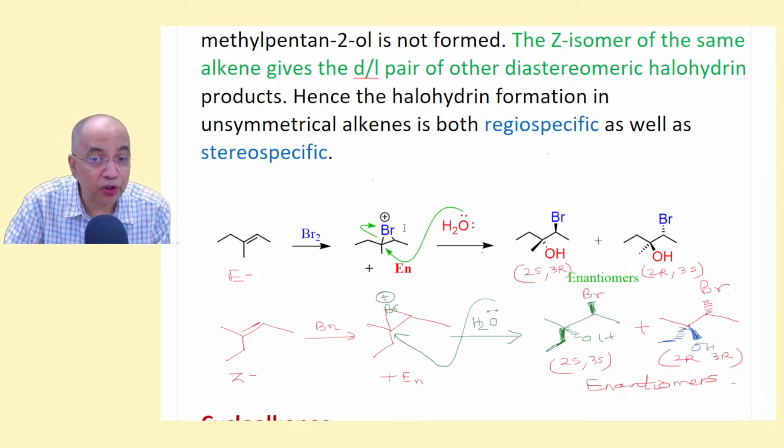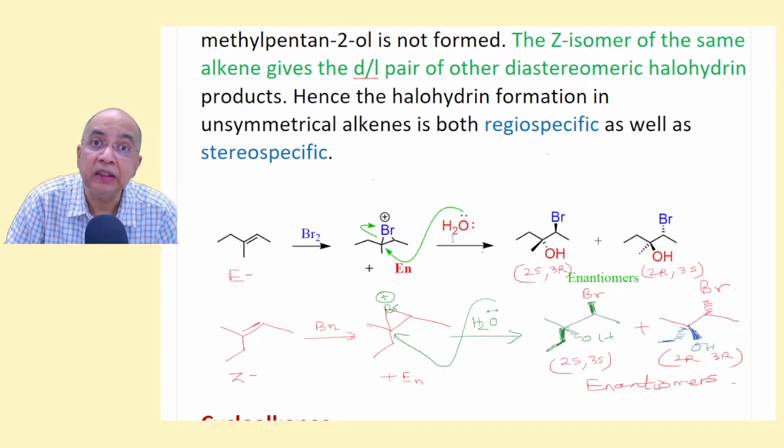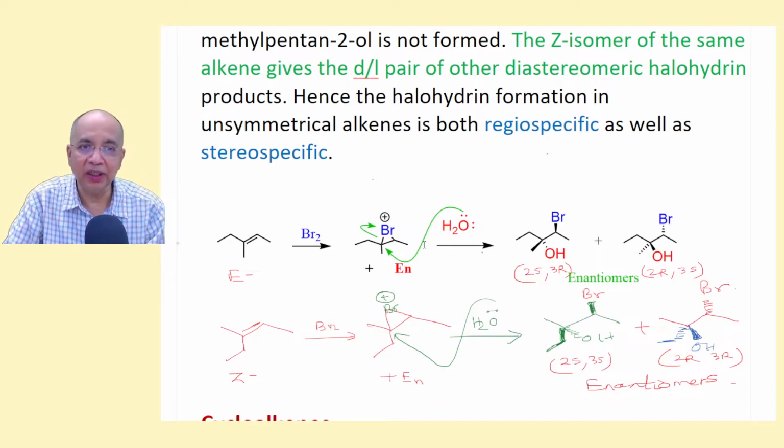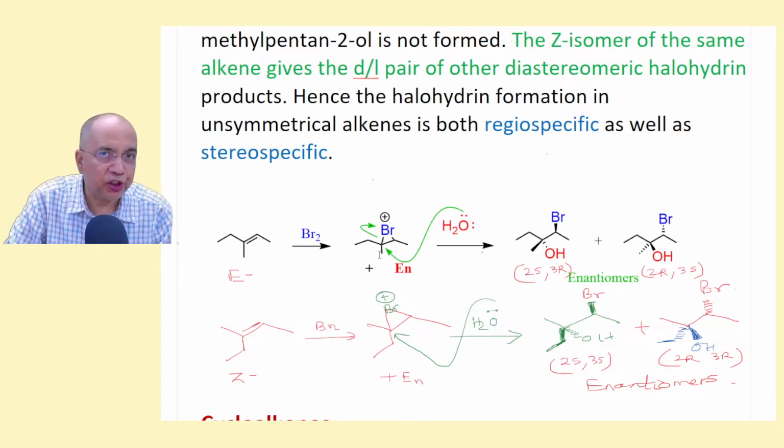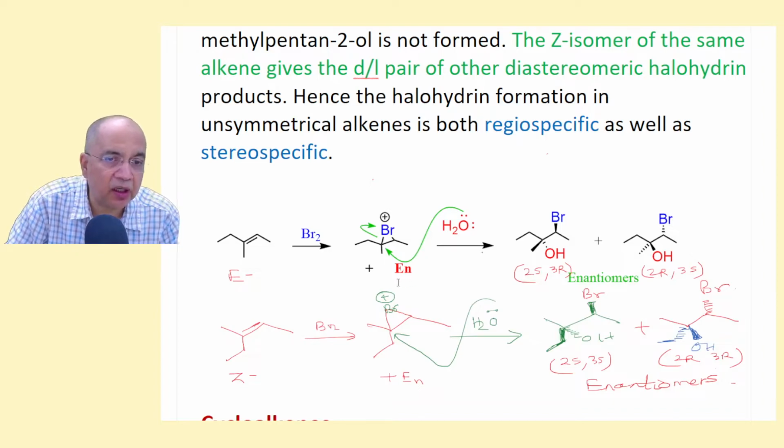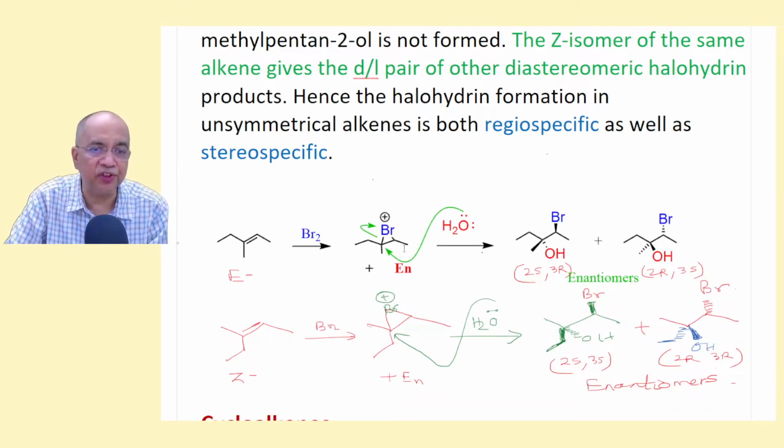So I have shown the two enantiomers of the same compound, not its structural isomer. These are stereoisomers produced from this bridged bromonium, and the other, which is its enantiomer, the mirror image. So you get two enantiomers.